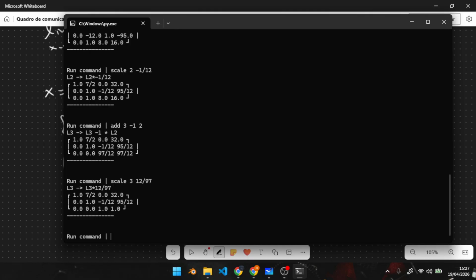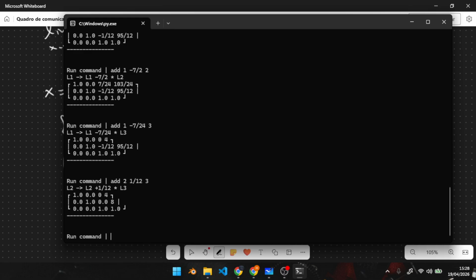And to make it a little bit prettier, I'm gonna add line 1 -7 over 2 line 2, and then add line 1 -7 over 24 line 3. Then I'm gonna add line 2 plus 1 over 12 line 3.